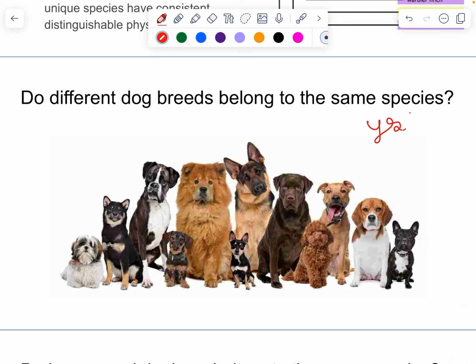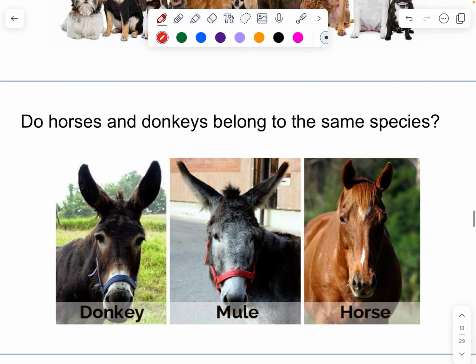And the answer is yes, they belong to the same species, even though they look very different from one another. They have different shapes and sizes and furs. They are still able to interbreed with one another to produce viable and fertile offspring, and they all occupy the same place on the phylogenetic tree.